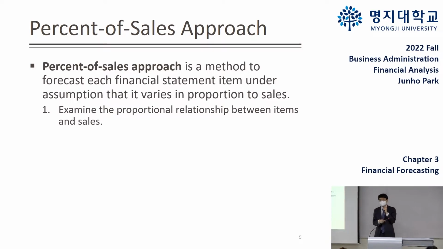First, there are statement items which are very relevant to your operating activities. For example, accounts receivable and accounts payable are highly related to your sales operation, so they will be very proportional to your sales. On the contrary, some other items are not that related to sales, so you will not find any linear relationship between them.